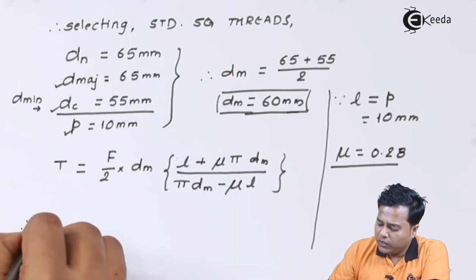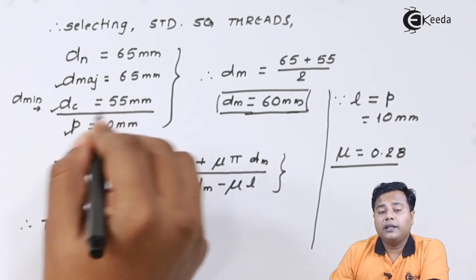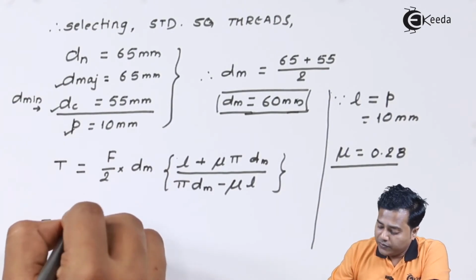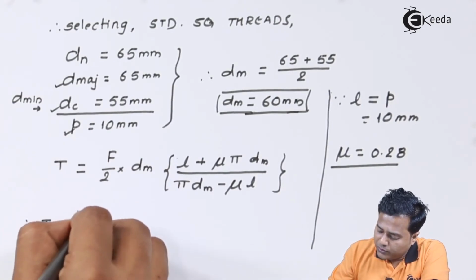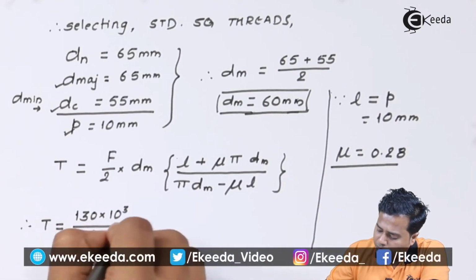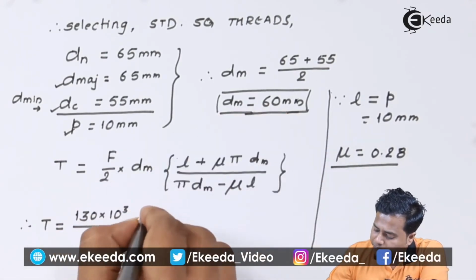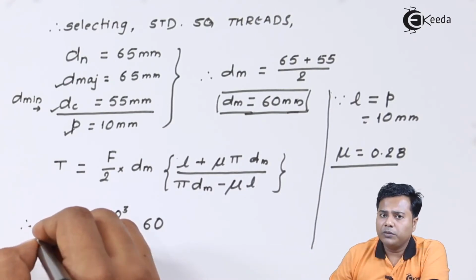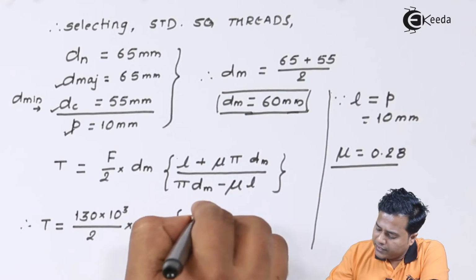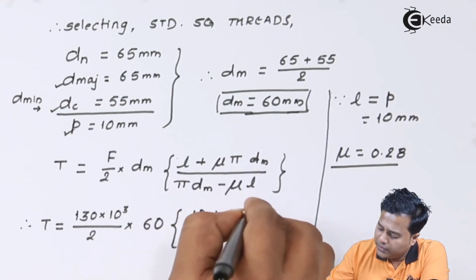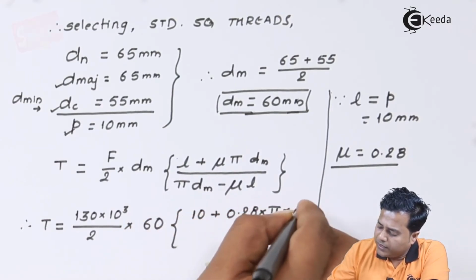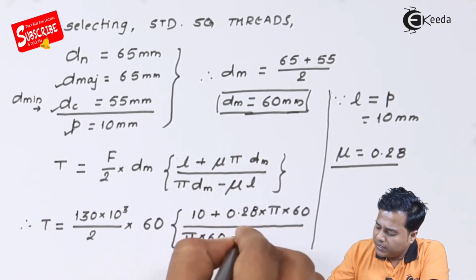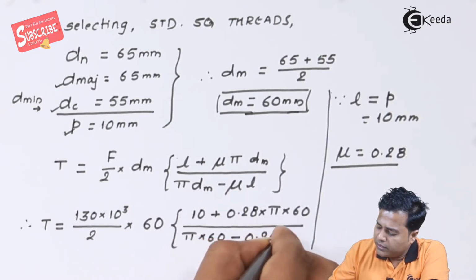Let us find out the torque that this particular screw can sustain. So it is F, the actual force which we have considered, 130 kilonewton, divided by 2, into the mean diameter, which is 60 mm. The torque which we are going to get will be in terms of Newton millimeter, into lead, which is 10, plus 0.28 times pi into dm, again 60, divided by pi into 60 minus 0.28 into 10.